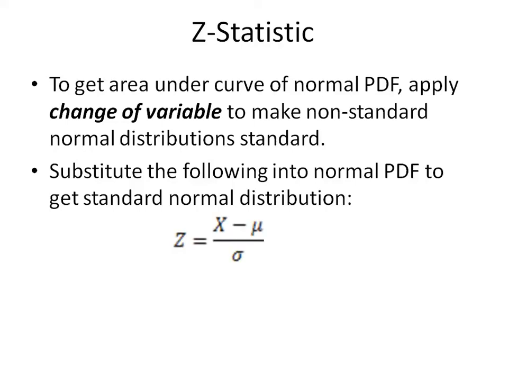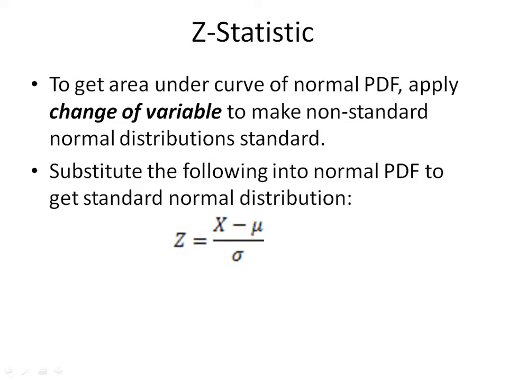So for a set that has a mean of mu and a standard deviation of sigma, we're going to take our data set, which is a random variable, big X, and we're going to subtract mu from all those values and then divide by the standard deviation, and that will give you a standard normal distribution.